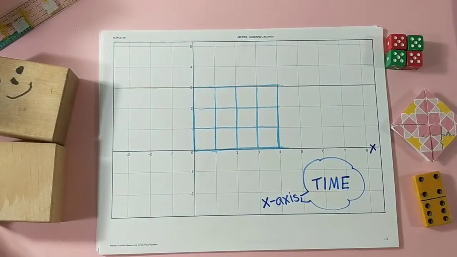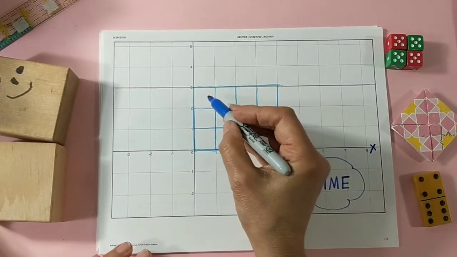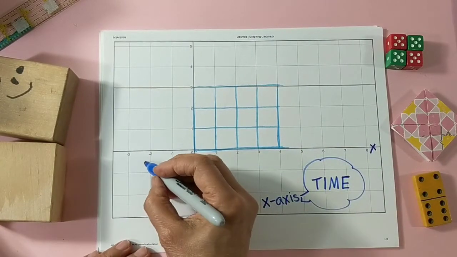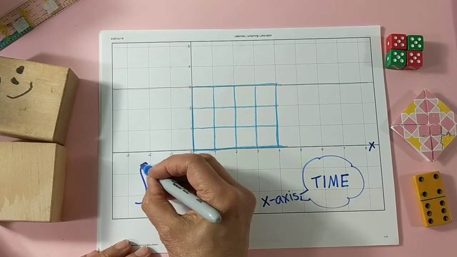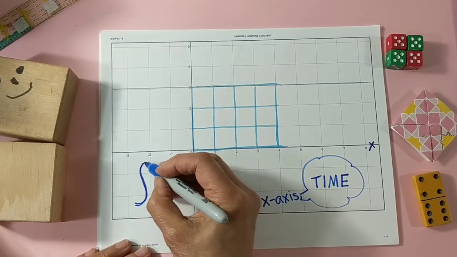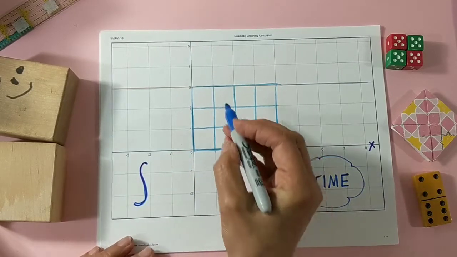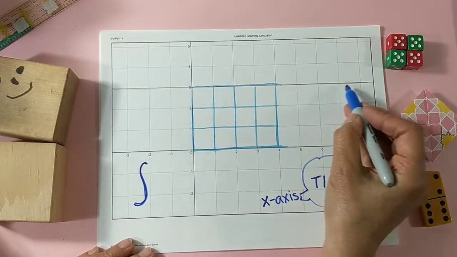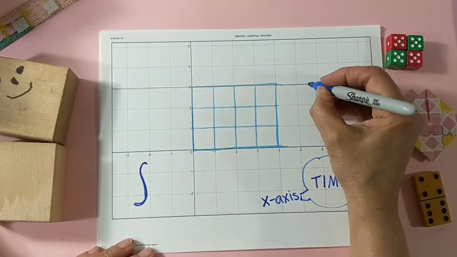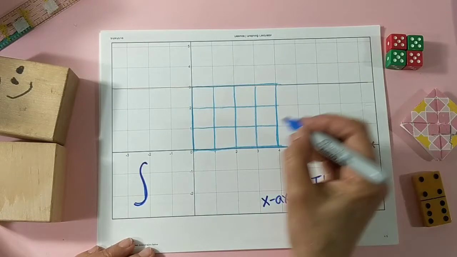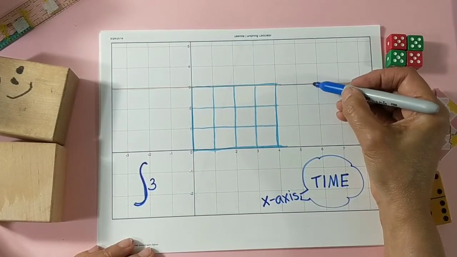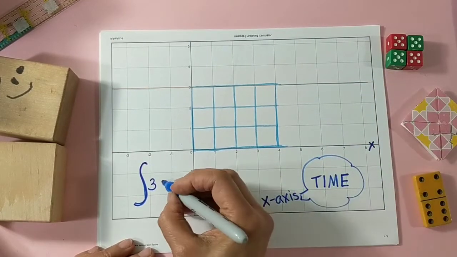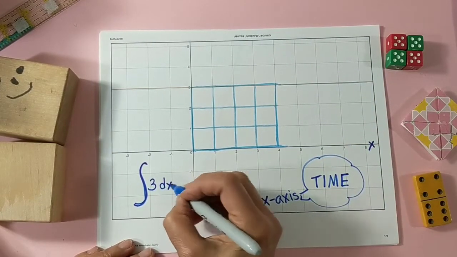And this is how we write it. We're going to be looking for the sum. So we do that beautiful big integral sign, the S sign, the sum sign. We're talking about y equals 3. That's how to describe this particular function. And we're looking at it between the function and this axis, dx.